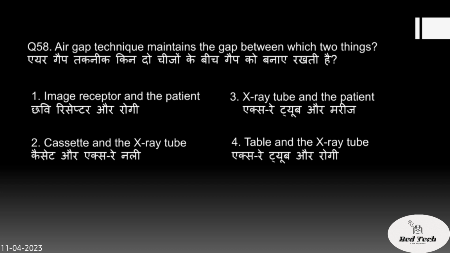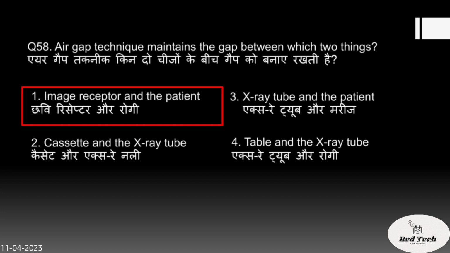You can pause the video and answer the question. Now the answer is option number 1, image receptor and the patient. You increase the air between image receptor and the patient, which is the air gap technique.